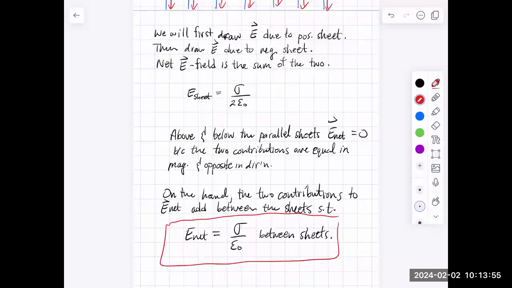We won't discuss it now, but in a couple of chapters later on, we will return to these parallel sheets, to capacitors, and we'll find that they're useful for storing charge.